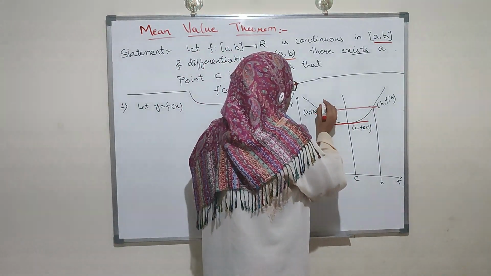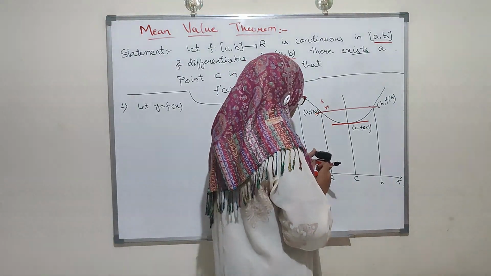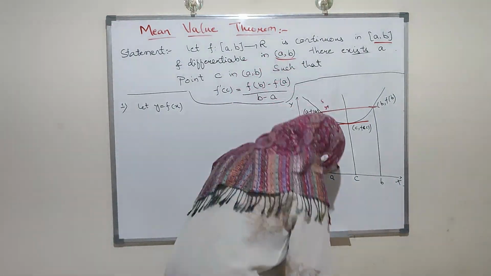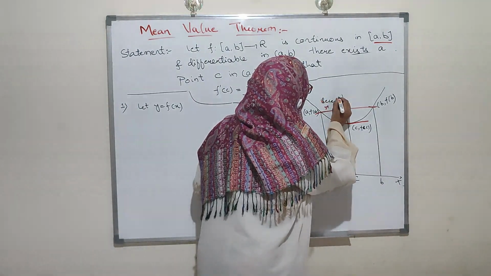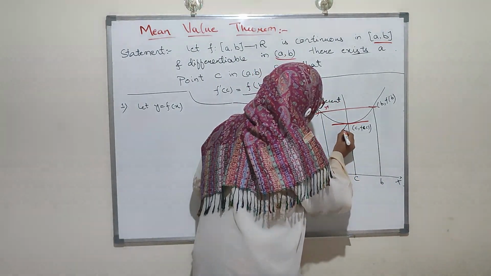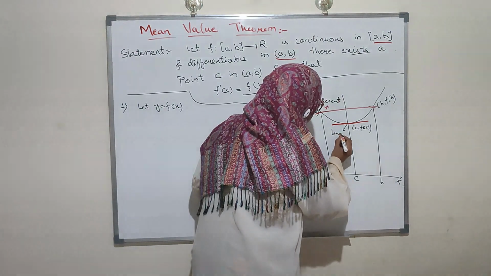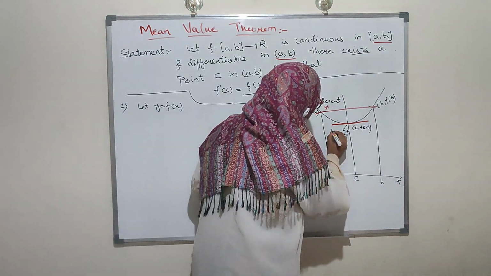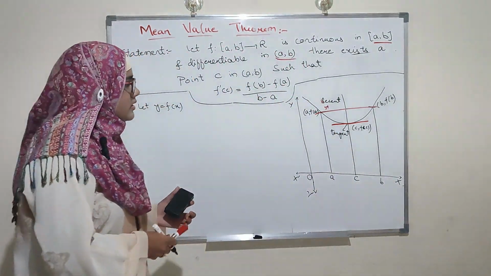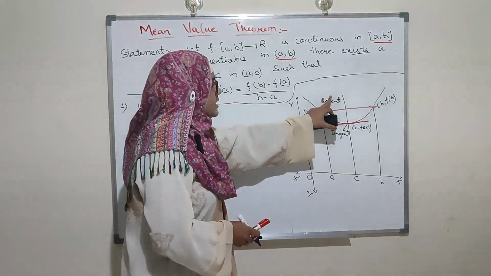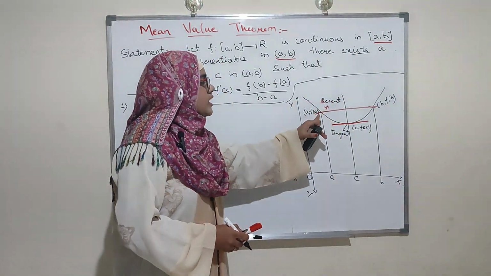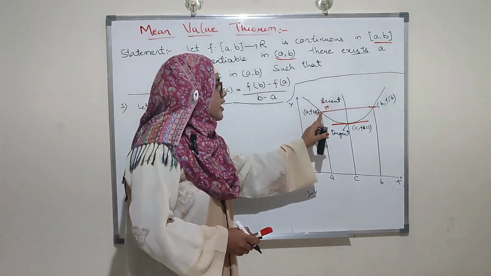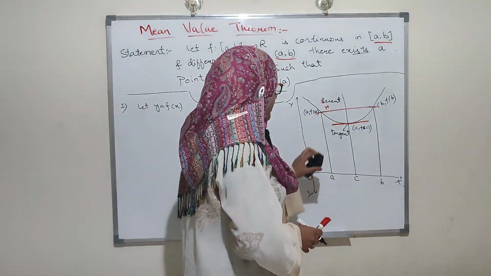This one is the secant, and this one is the tangent to the given curve.